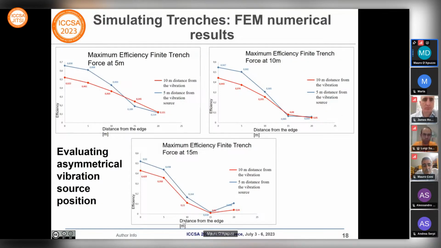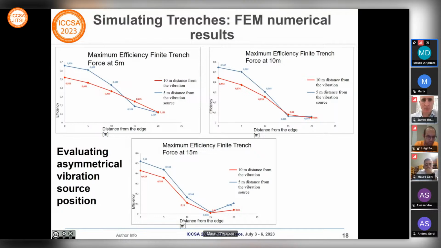And obviously, we also evaluated the efficiency by moving the vibration source, because if we are interested in evaluating the effectiveness of a trench to mitigate traffic-induced vibration, we have to be able to evaluate somehow a moving vibration source.